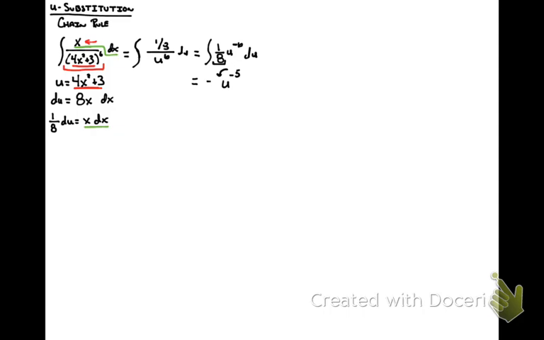So this must have been negative 1 over 40, because when I took the derivative, this would drop the power, it would become 1/8, plus c. And now to get this back in terms of x, I know that u equals 4x squared plus 3. So by substitution, negative 1/40 times (4x squared plus 3) to the negative 5th power plus c must be the solution.